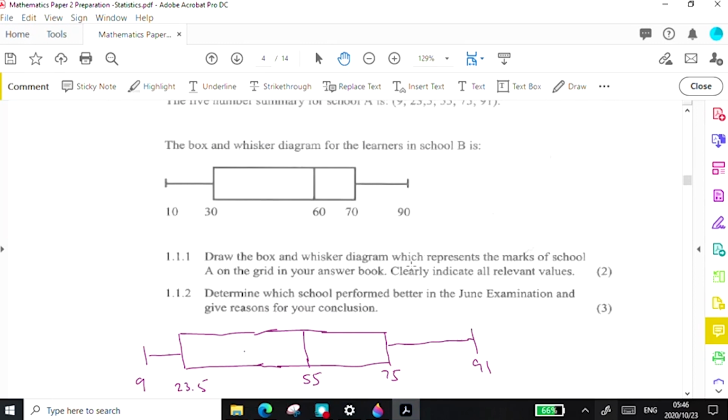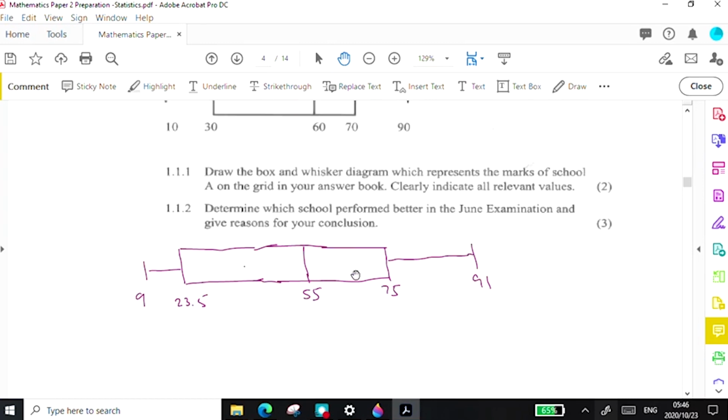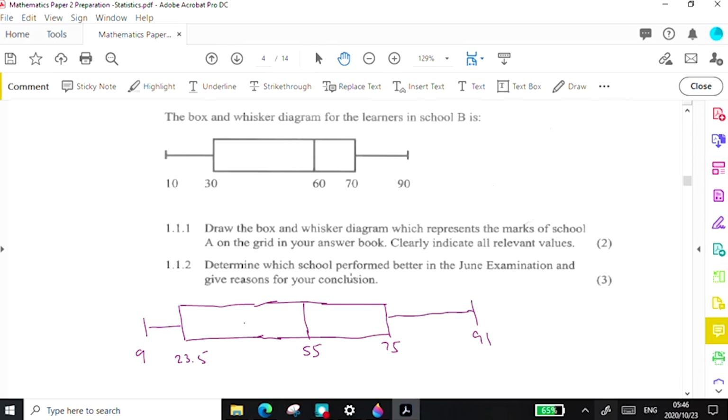For the second question, we are required to determine which school performed better in the June examination and give reasons. So we're comparing these two box whisker plots.